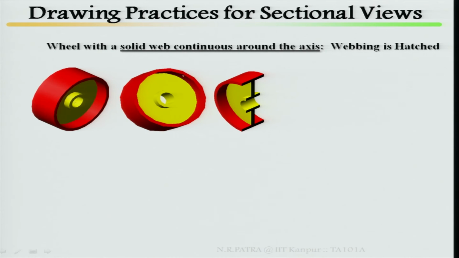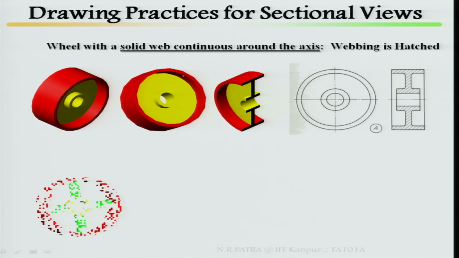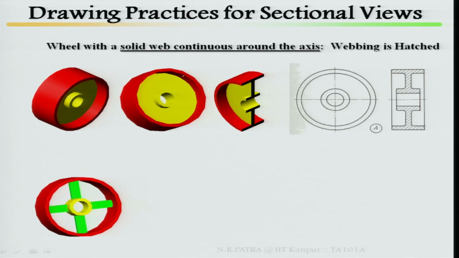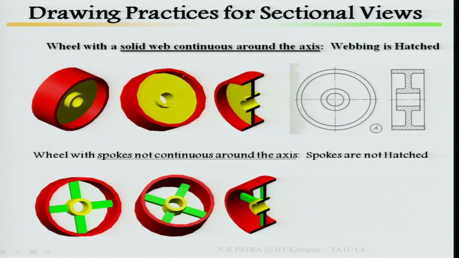Wheel with a solid web continuous around the axis. Webbing is hatched, in this case the webbing is hatched. Look at how it looks when I cut it.